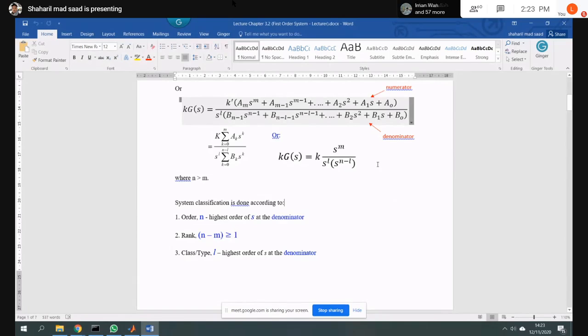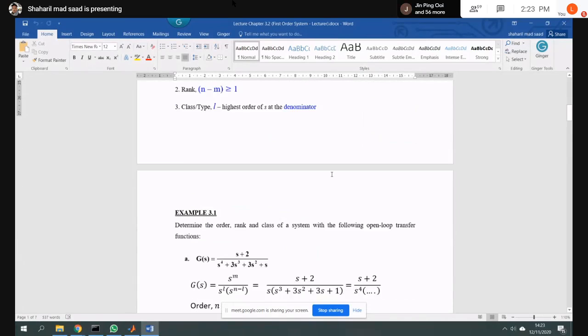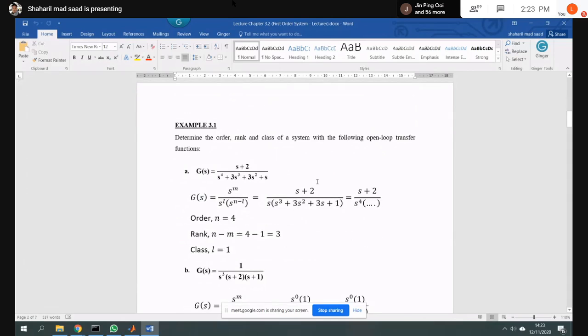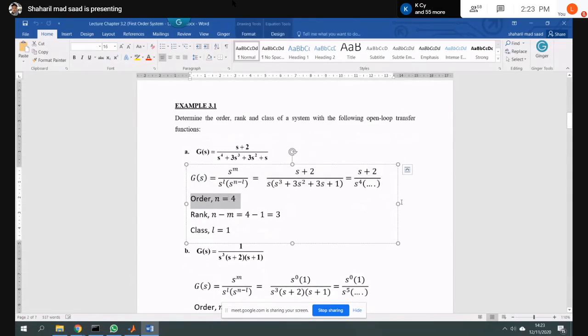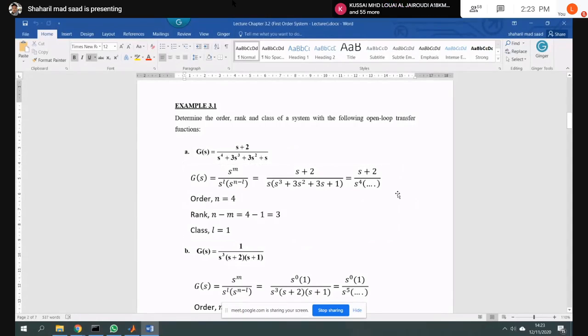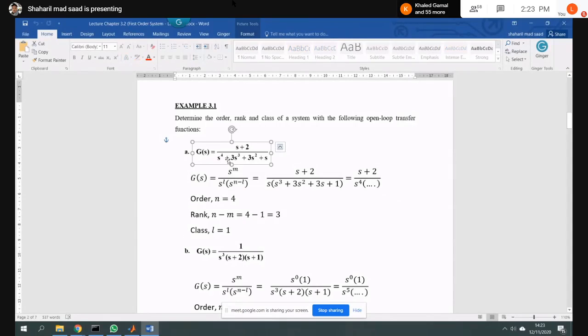So whatever the order of the system, we can solve it, then we can find the performance of the system, okay? So let's look at this one, to determine the order, rank, and class, right? So the most important thing is to determine the order of the system. So the order of the system is when you look at the denominator, right? Denominator, okay, yang bawah ni.